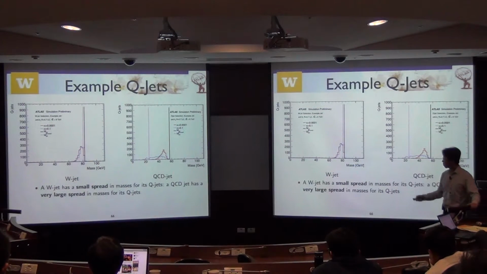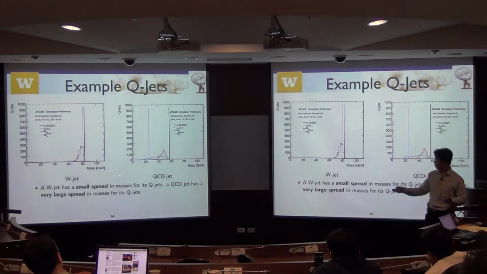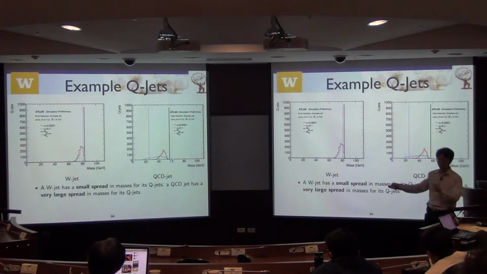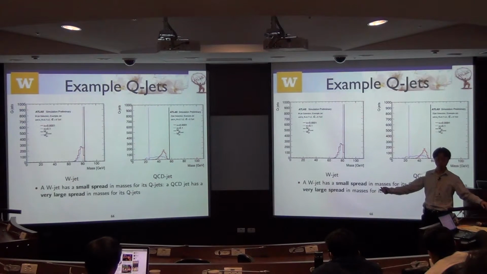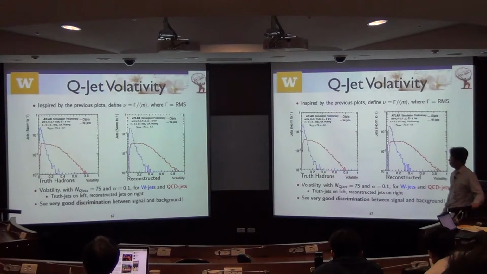And if I look at the background process, meaning quark-gluon jets, compared to a color singlet object like a W jet, you can see that the color singlet object has a relatively narrower width compared to the QCD jet, which has a wider distribution. So with this method, I can introduce a new discriminator to discriminate the color singlet object from the colored object.